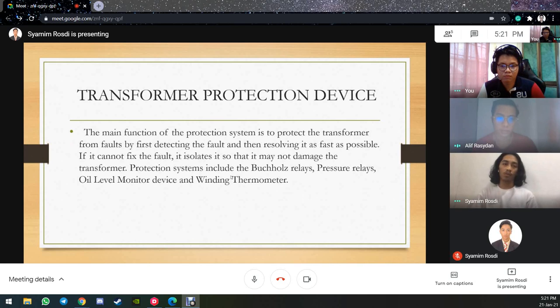If it cannot fix the fault, then it isolates it so that it may not damage the transformer. The protection system includes the Buchholz relay, pressure relay, oil level monitor device, and winding thermometer.